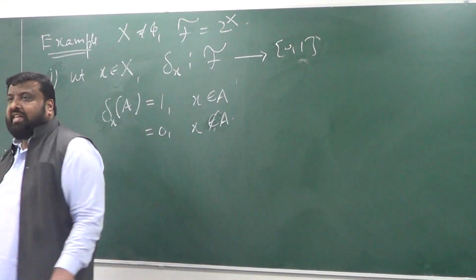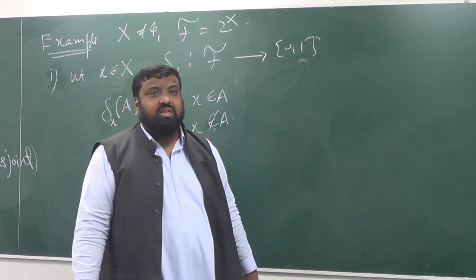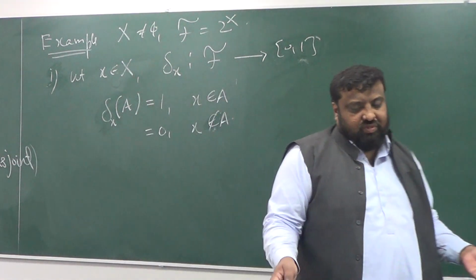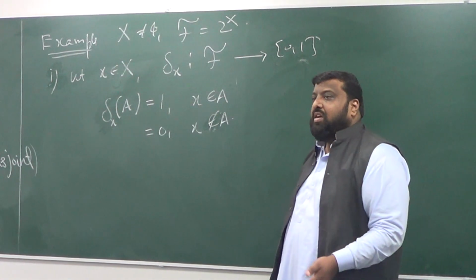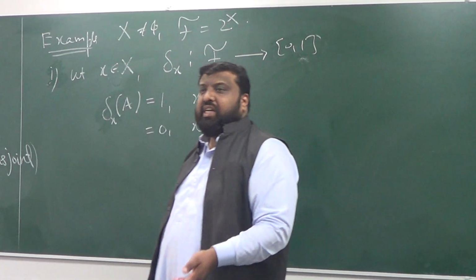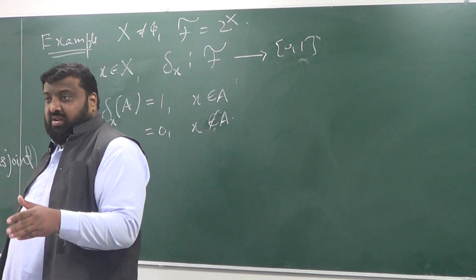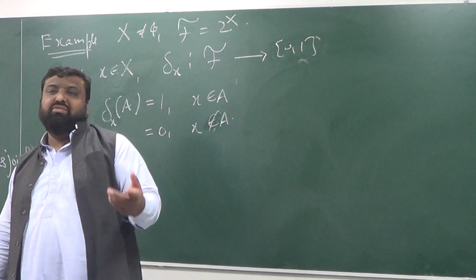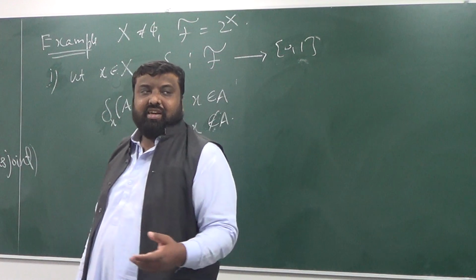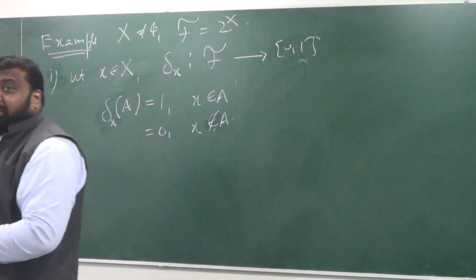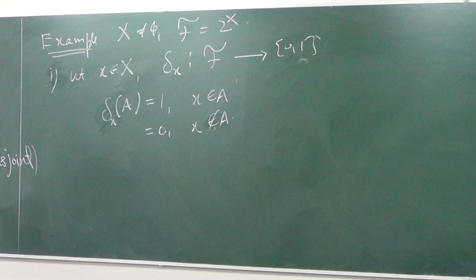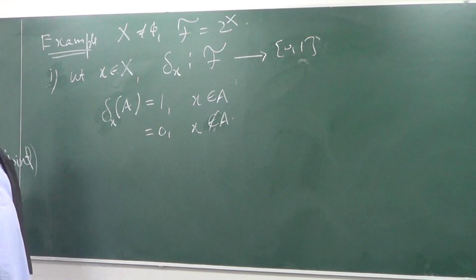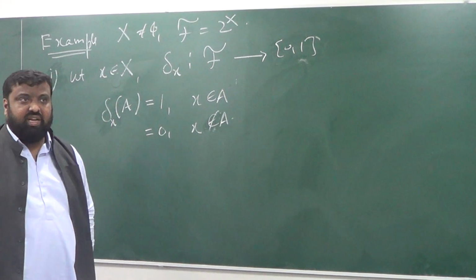There's an interesting fact about set theory: if you take a finite set and its power set, then half of the sets in that power set contain your chosen element and half do not. So corresponding to every element we have a measure.